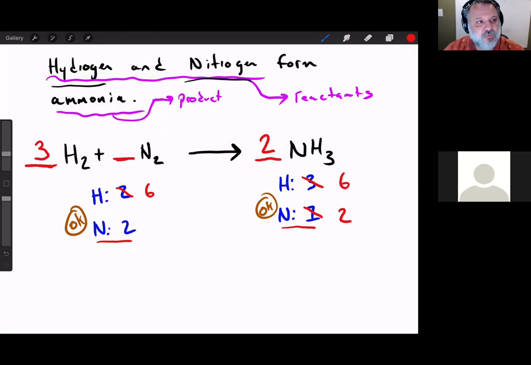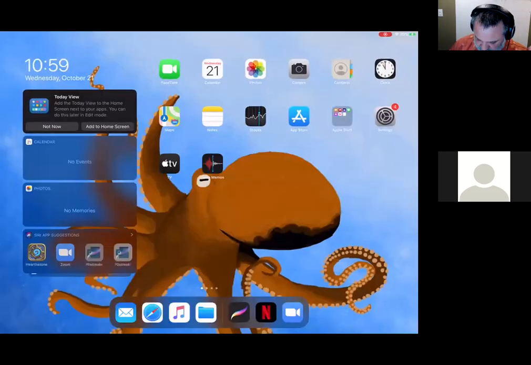The rest of the things we're going to write down will be suggestions. They'll be helpful hints for how to balance equations. But at the end of the day, the only thing you have to do is make the numbers and types of atoms on the reactant side the same as the number and types on the product side. They just have to be the same.